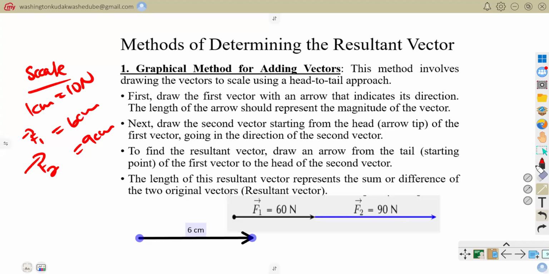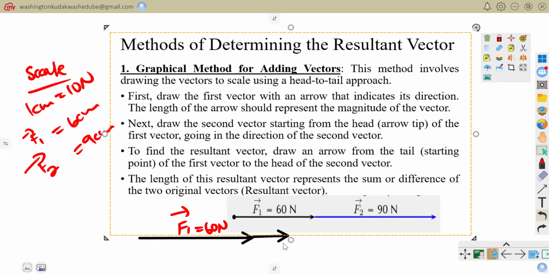That becomes F1, which is 60 Newton, and I know that 60 Newton is 6 centimeters. When I want to draw my second vector, I'll start from this arrowhead.